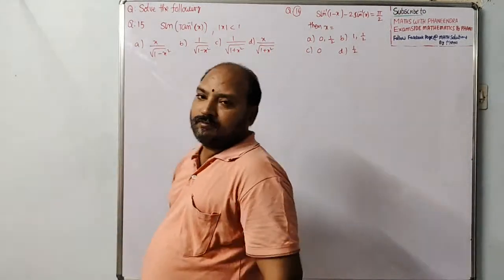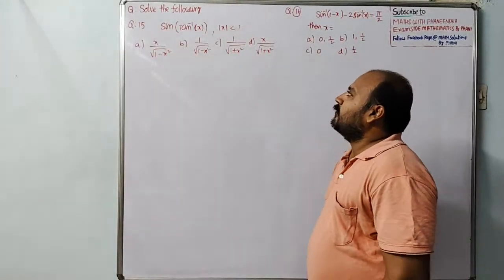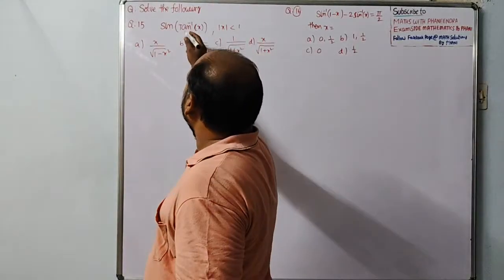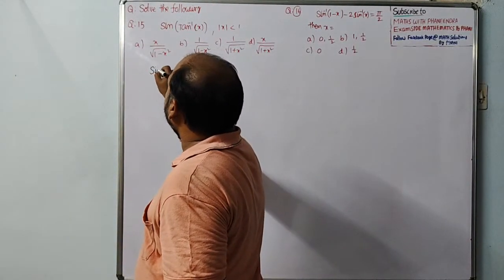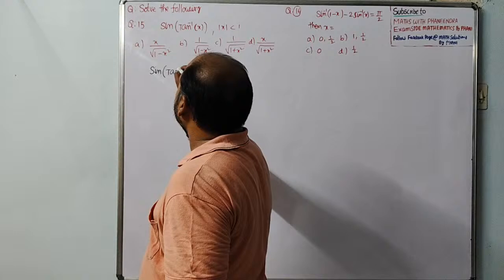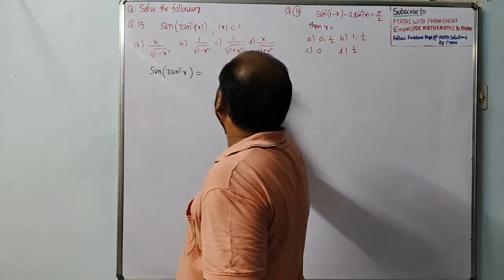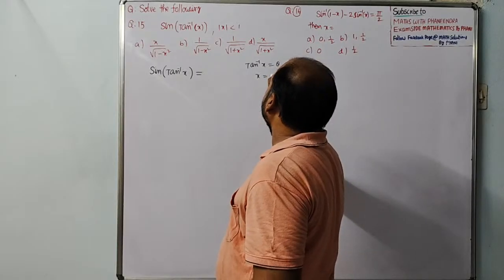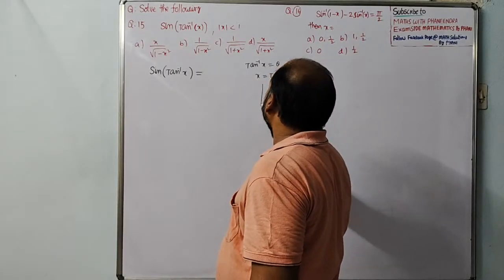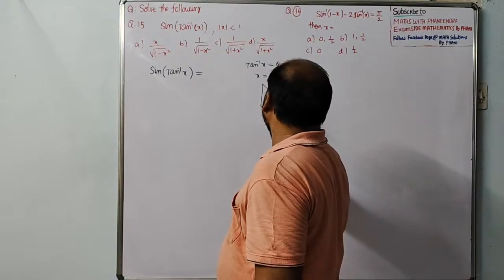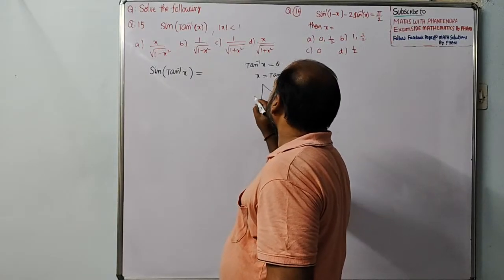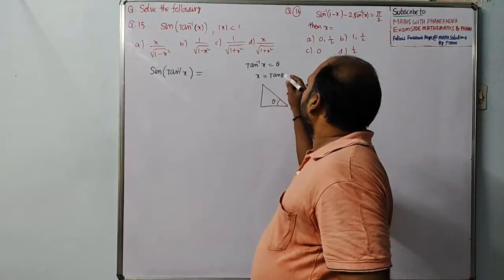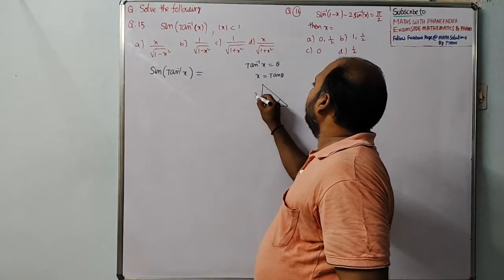The next question. Sine of tan inverse x, mod x is less than 1. See how it is. First, sine of tan inverse of x. Put tan inverse x is equal to some theta. x is equal to tan theta. You draw the rough right-angled triangle. x equal to tan theta means x by 1.